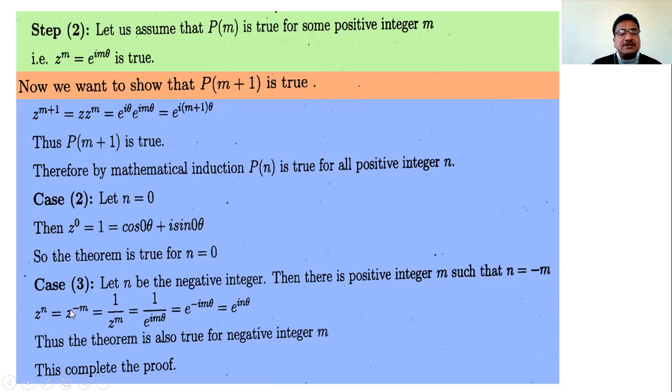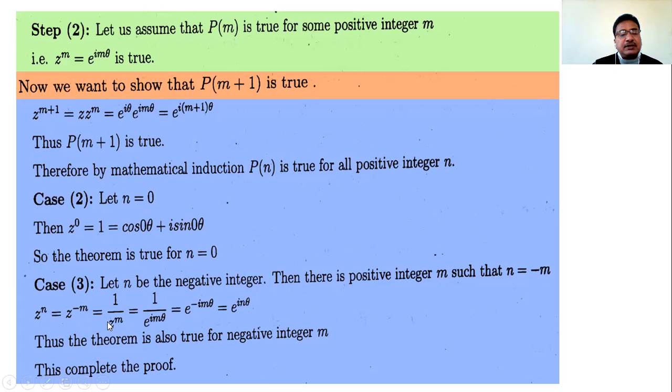Then z raised to minus m is 1 by z raised to m, and z raised to m is e raised to i m theta, because m is now a positive integer. That is, the result holds by using case number 1, where the result is true for positive integers.